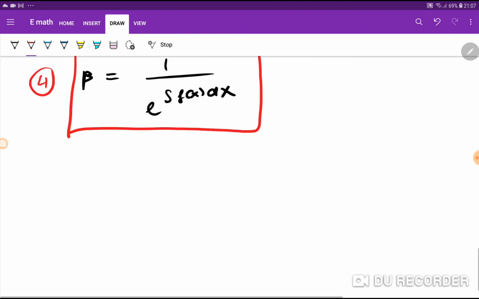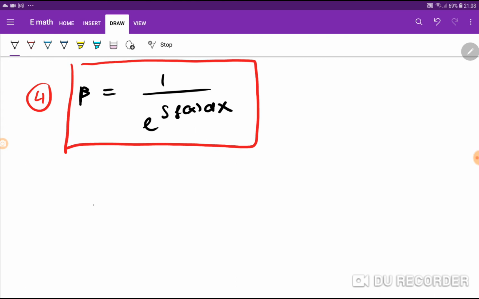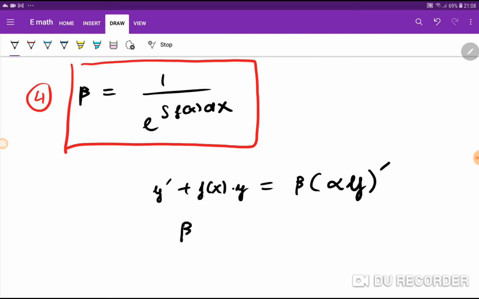Let's say you want to solve the differential equation y prime plus... let me write a statement down. The goal is we turn this into beta times alpha y prime, then we solve for beta times y, and then we use this. It's easier to solve.